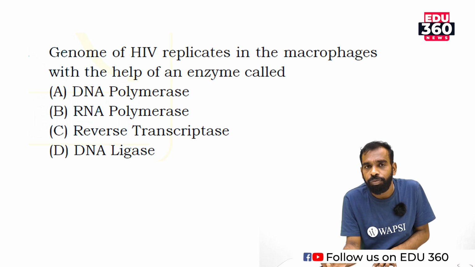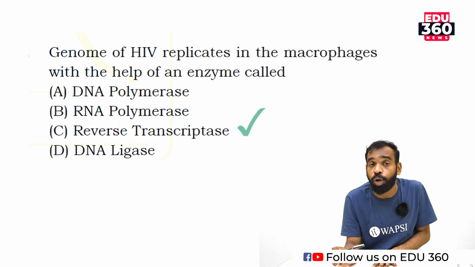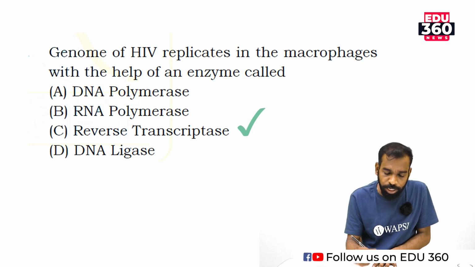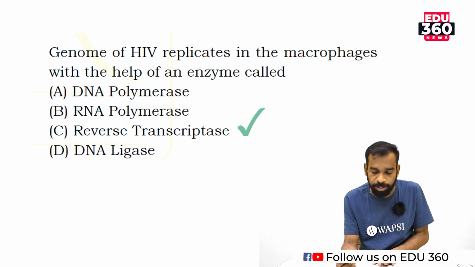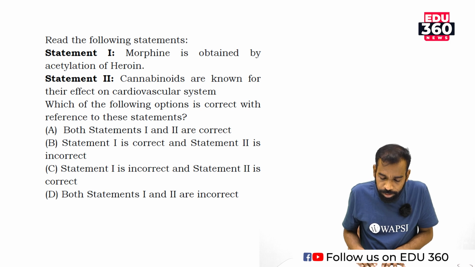Formation of RNA from DNA. Here, it is the formation of DNA from RNA. That particular process is catalyzed by the enzyme called reverse transcriptase. So option C is the correct answer. Move to the next question.